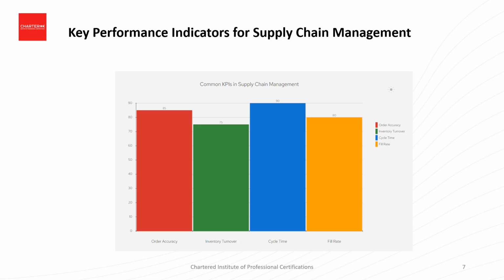Therefore, a high fill rate can indicate efficient inventory management and high customer service levels, while a low fill rate may suggest stockouts, potential lost sales, and unsatisfied customers. Taken together, these four key performance indicators are crucial to providing insights into the operations of your supply chain organization.